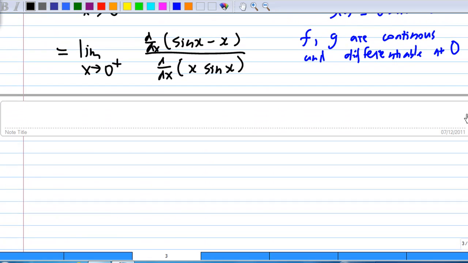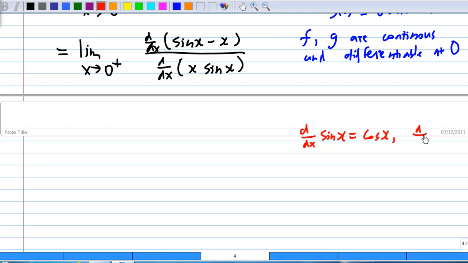Now, what is the differentiation of sine x? We know that differentiation of sine x is cos x. Differentiation of x is 1. How about differentiation of x sine x?